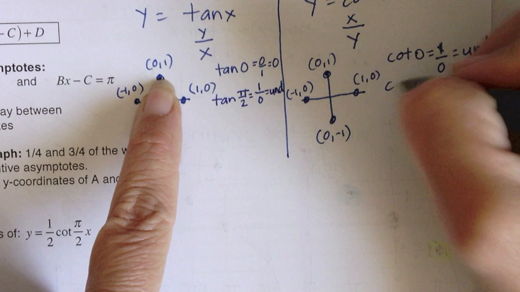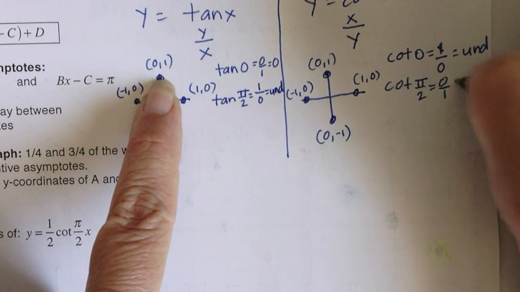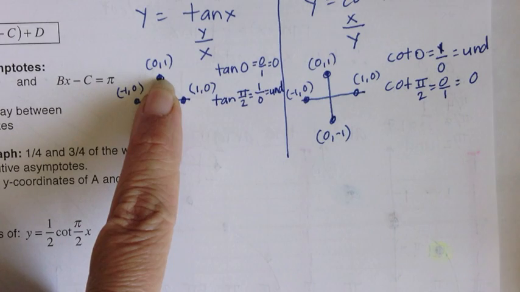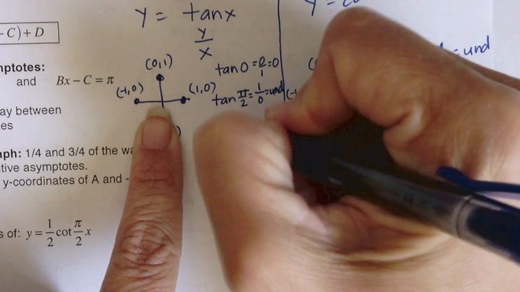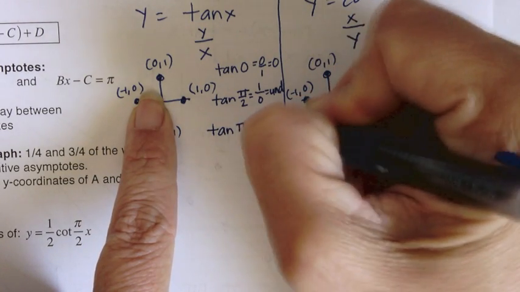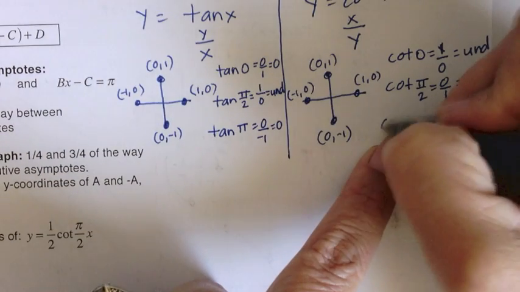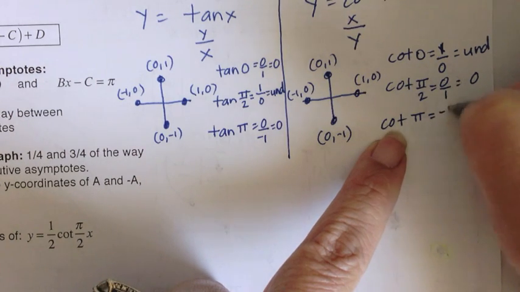Over here, the cotangent of pi over 2 is 0 over 1, which is 0. So no asymptote at pi over 2 for cotangent. What about the tangent of pi? Well, that's going to be 0 over negative 1, which is 0. What about cotangent of pi? Which would be negative 1 over 0, which is again undefined.